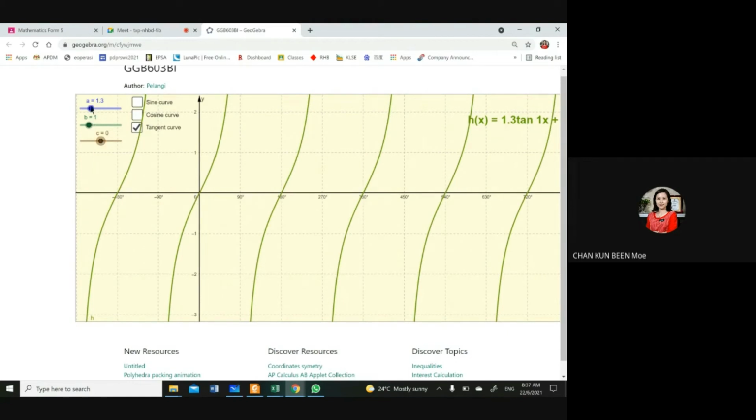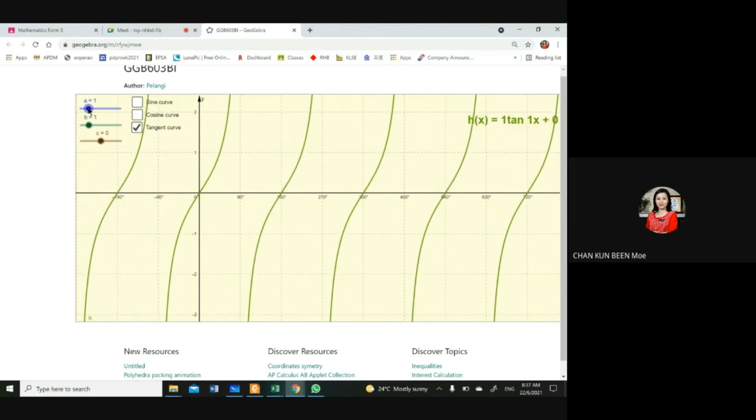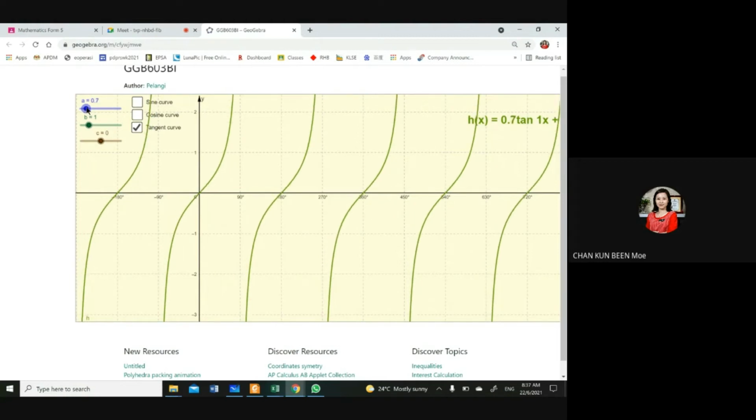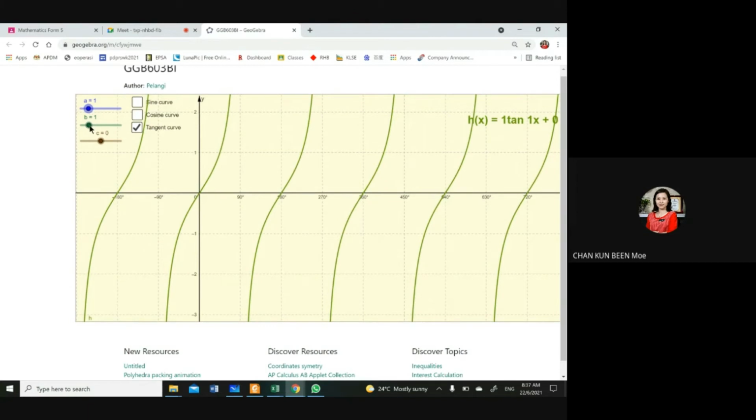Okay, the B is 1. So originally from 0 to 180, we have one complete period. Now if I change the A, it becomes further like this. Wait, I make it the original one. I change the B, sorry.